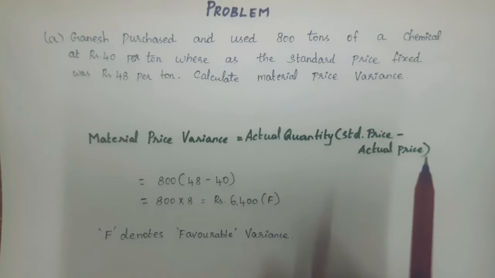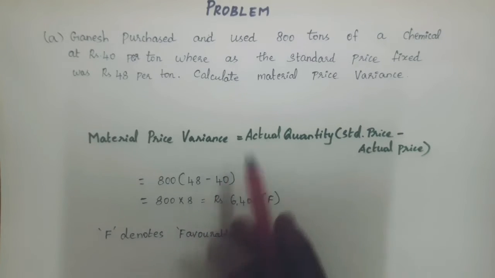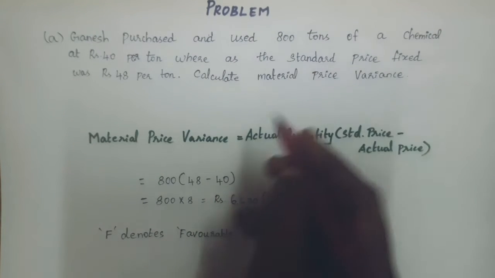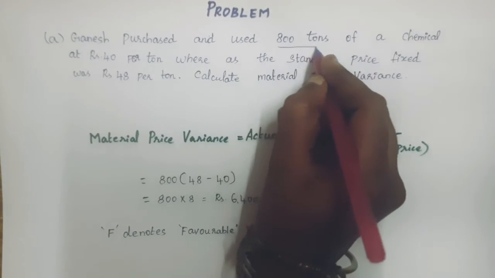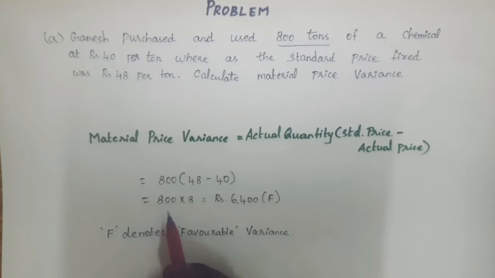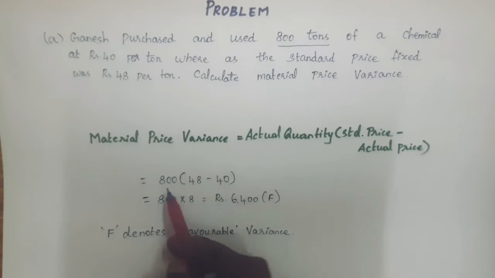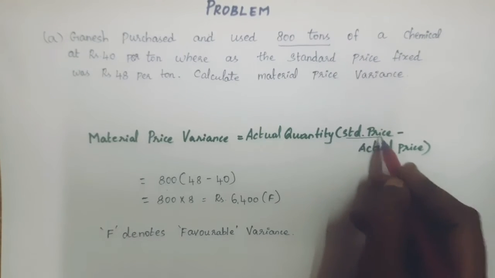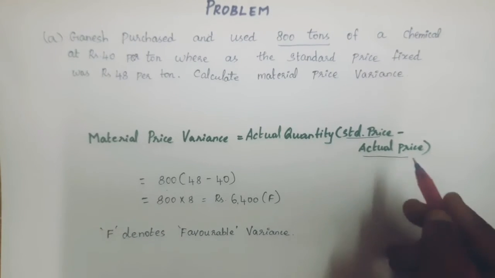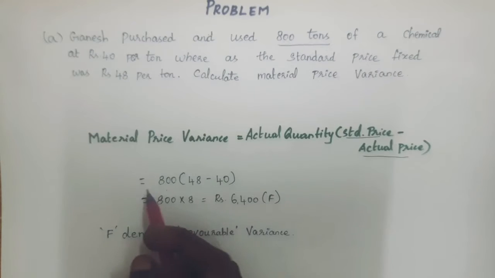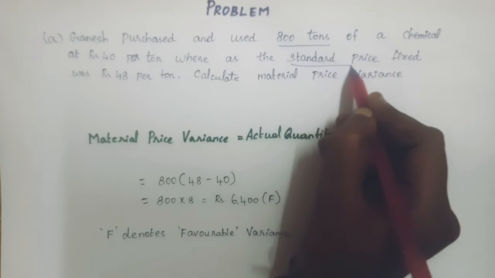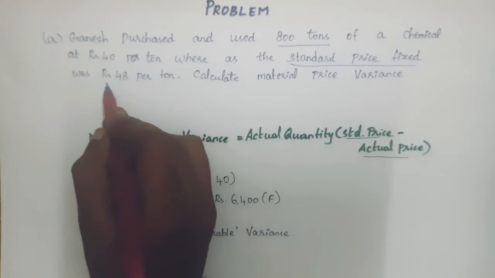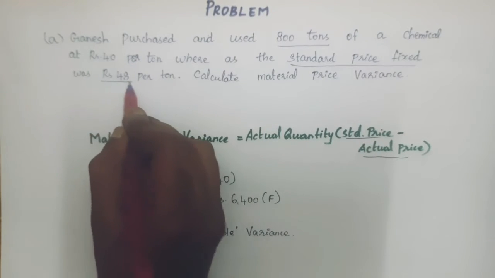In this problem, it is very clear that the actual quantity used by Mr. Ganesh is 800 tons. So we'll put here 800. Then standard price minus actual price. Let's see the question. They have given the standard fixed price was rupees 48 per ton.